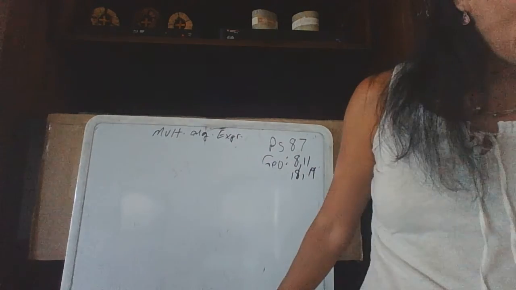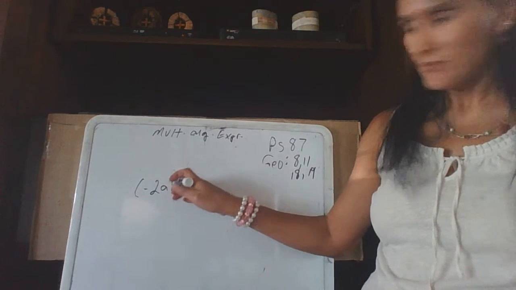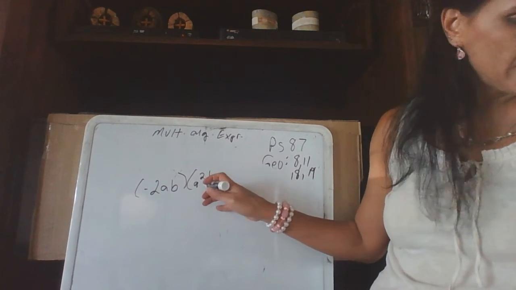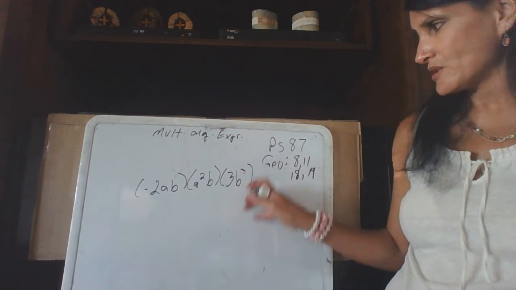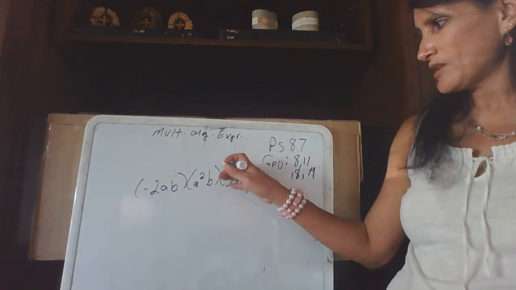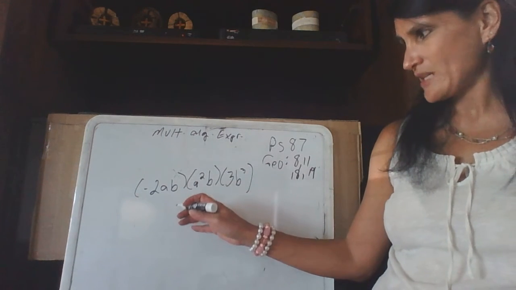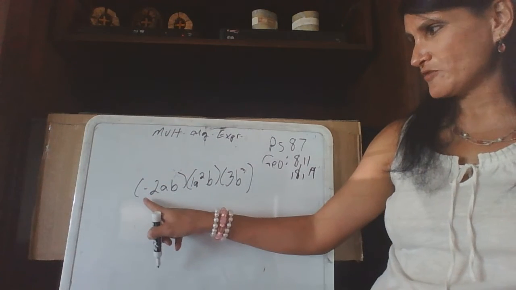I'm going to do the last one and then that's it. So negative 2ab, a squared b, 3b to the third. Now notice there's no plus sign in between, so that means you're multiplying. So you got to follow the rules for multiplication. So I'm going to put a coefficient of 1, and I'm going to multiply my coefficients.